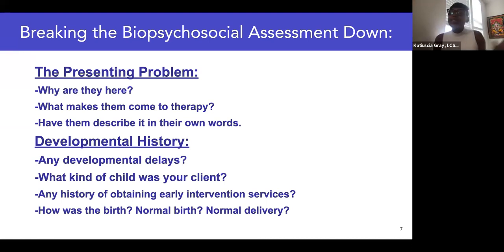Okay. This is still super important. So for purposes of people who see kids, the developmental history really should be obtained from their parent, because their parent is sitting with them on this psychosocial assessment. And going back, the psychosocial assessment is not going to be done in one session. It's a continuous thing.